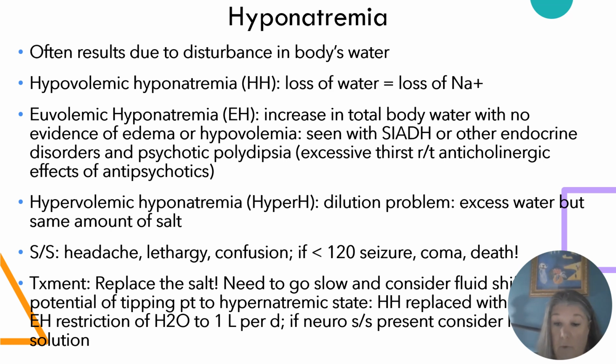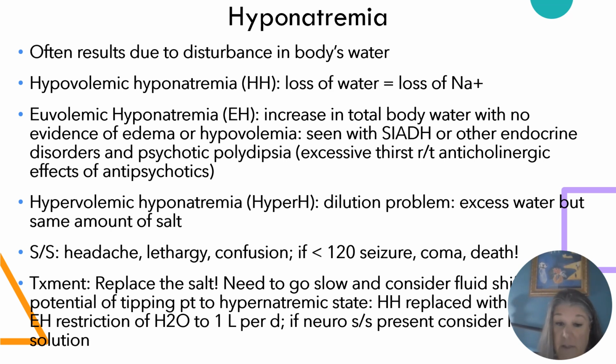And also, when we are replacing things, we want to go slowly with replacement if possible, because as we're replacing things, things are moving back and forth, right? So if we just slam in 5 liters of normal saline, or even a hypertonic solution like 3% or 5% normal saline, we're going to cause massive fluid shifts and it can be detrimental to our person.